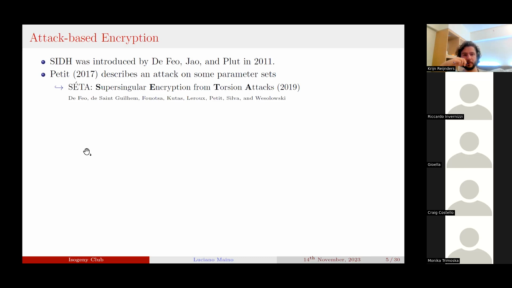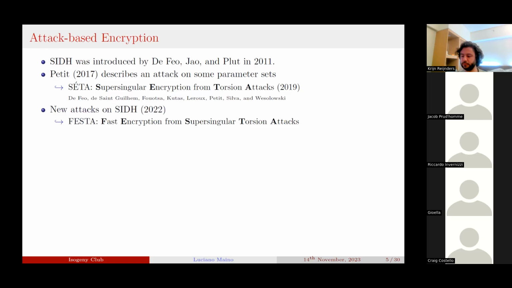Using this attack, De Feo, Delpech de Saint Guilhem, Fouotsa, Kutas, Leroux, Petit, Silva, and Wesolowski designed a trapdoor mechanism. And using a standard transformation, they designed a PKE, a public key encryption mechanism, which is CCA secure. They call this protocol SETA, which stands for supersingular encryption from torsion attacks.